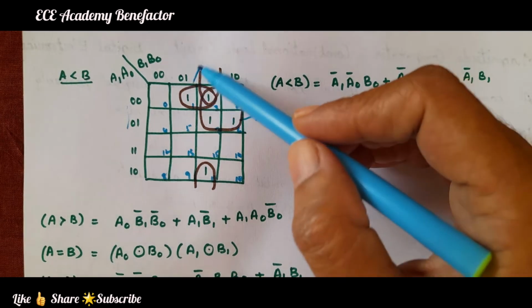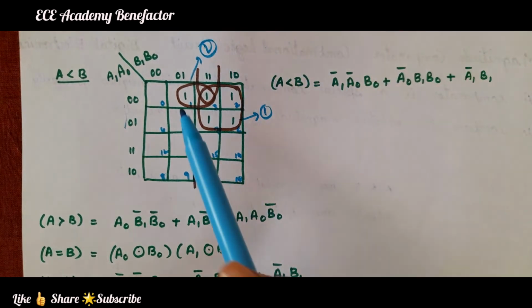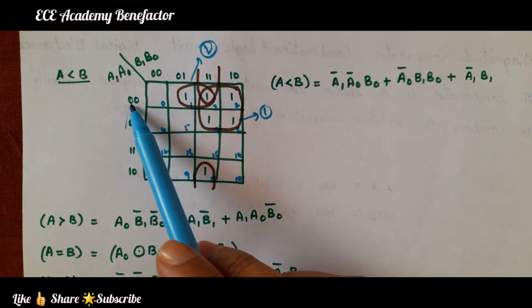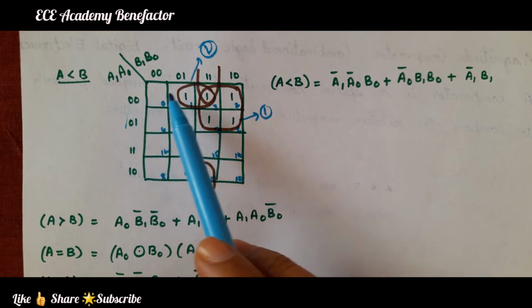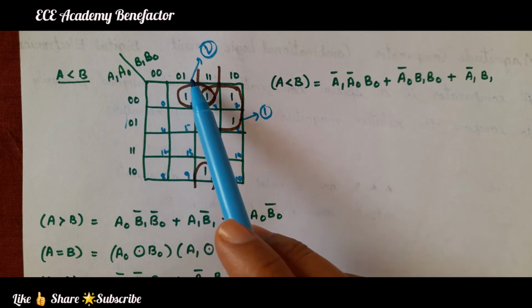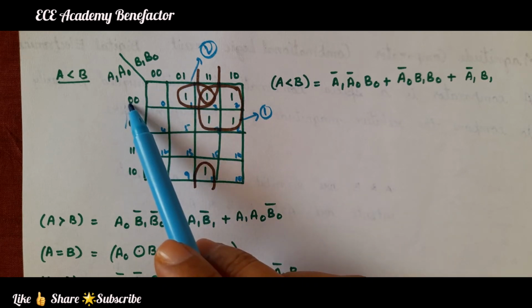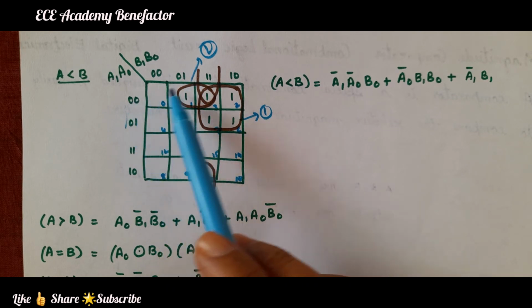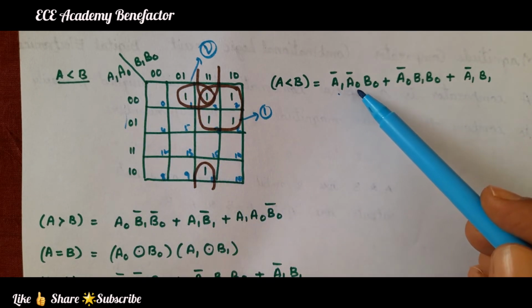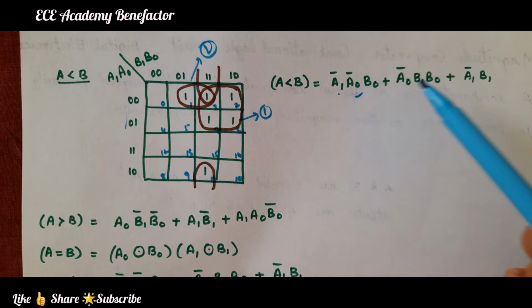Now coming to the second term. For this second pair, the common term in the rows is 0 0, and in these two columns what is common? 1. So 0 0 1. 0 0 means A1 bar A0 bar, and 1 is B0. So A1 bar A0 bar B0.